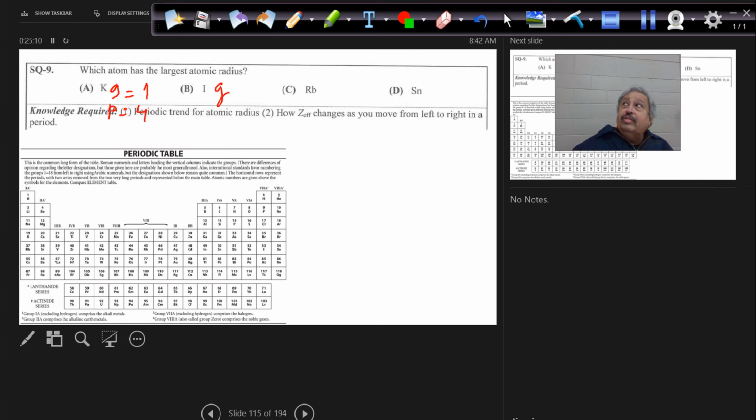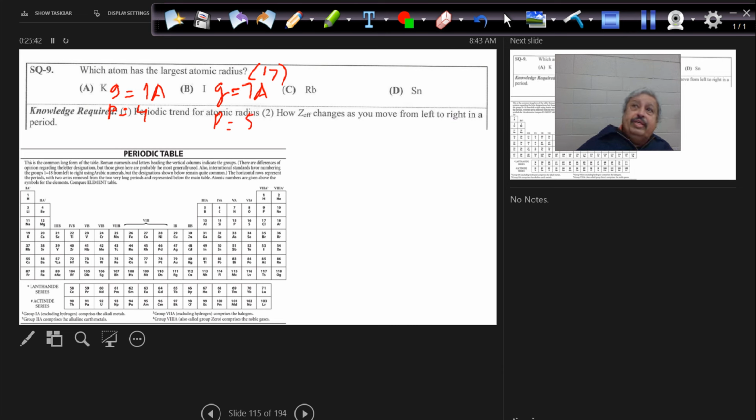Iodine: the group is 7A, or 17, and the period, where 1, 2, 3, 4, 5, correct? 5, iodine 5.